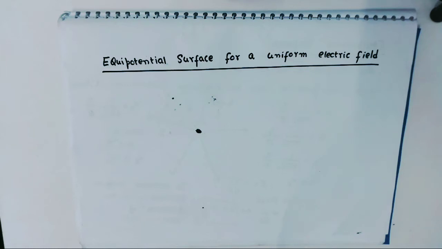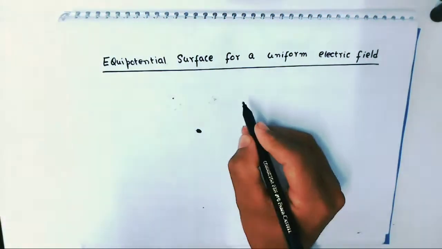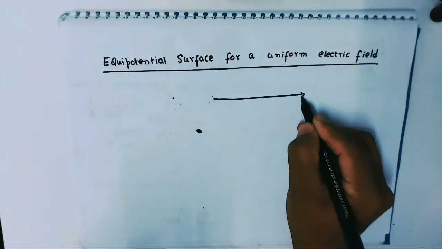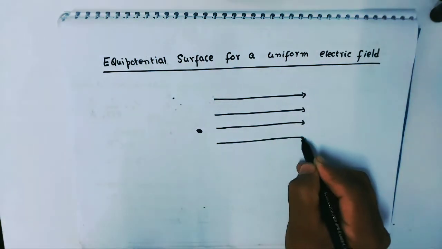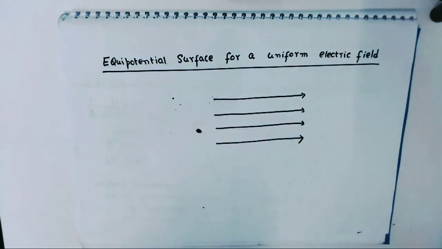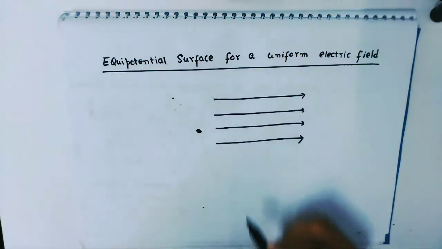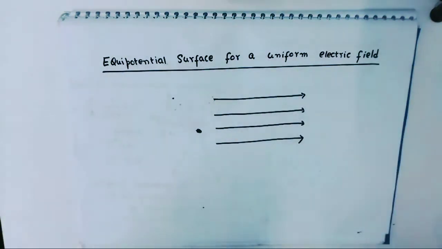So now we will draw the equipotential surface for a uniform electric field. In a uniform electric field, the strength and direction of the electric field is the same at every point. Suppose this line represents a uniform electric field, and here we want to draw the equipotential surface due to this uniform electric field.